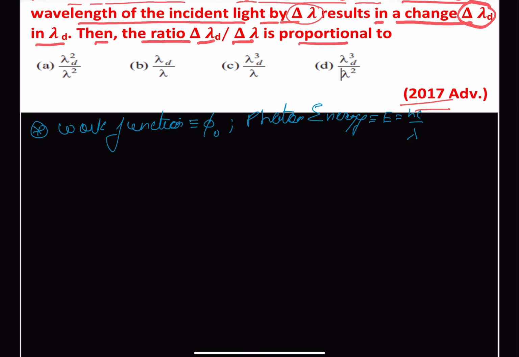We can write that the kinetic energy of the photoelectron, K, will be equal to hc upon lambda minus phi naught.